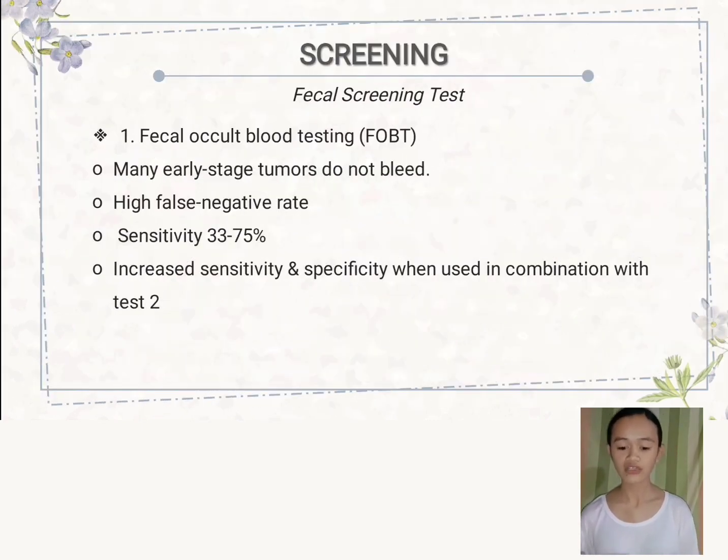Number 1, the fecal occult blood testing or FOBT. Many early stage tumors do not bleed. It has a high false negative rate, sensitivity 33 to 75%, with increased sensitivity and specificity when used in combination with other tests.